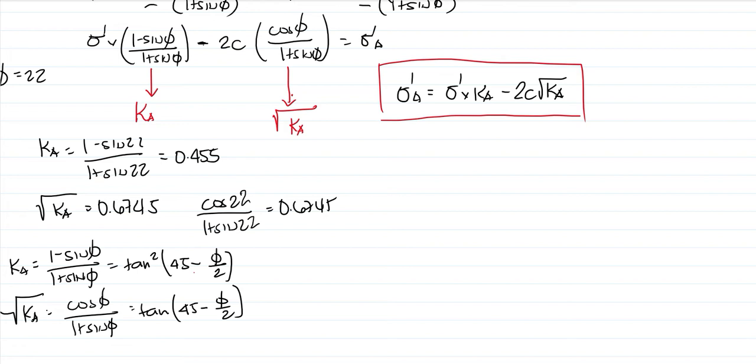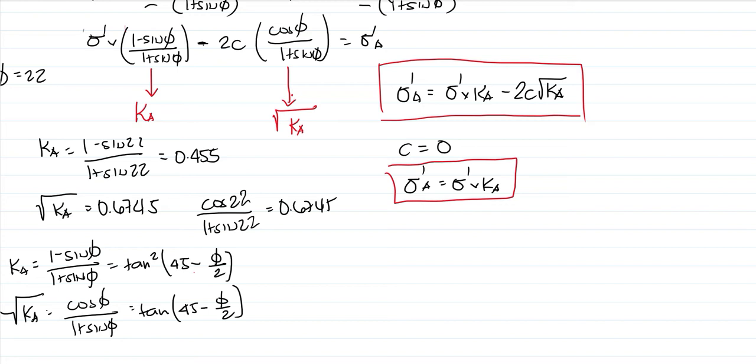Pag non-cohesive yan or cohesionless yung soil, let's just set C is equal to 0. So, ibig sabihin that is sigma prime A is equal to sigma prime V Ka na lang siya. Kasi cohesionless yung soil natin. So, sa at-rest condition kasi hindi natin kino-consider yung cohesion doon, but rather, puro cohesionless lang yung nasa-solve natin on the at-rest part.